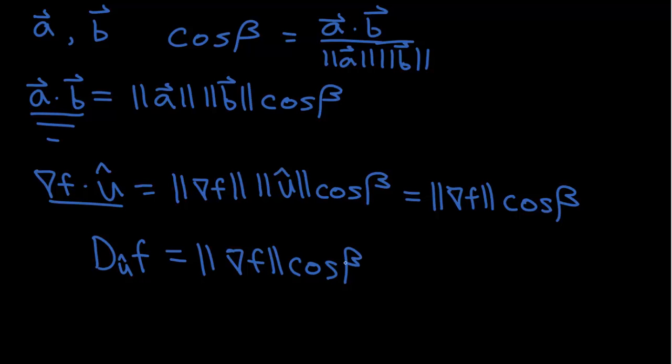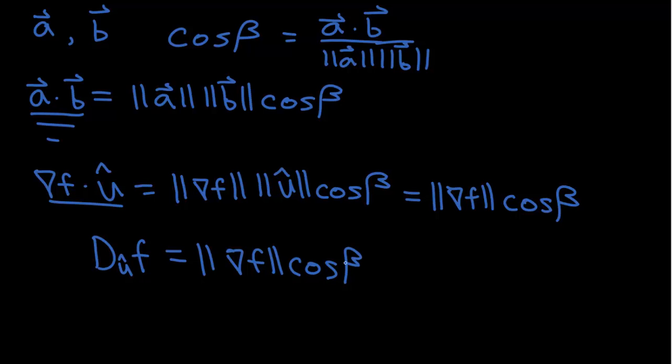Because we're saying that if you want to talk about the direction of the greatest change, or the greatest increase, the greatest change possible is going to be the magnitude of the gradient, right? Now, the direction then also would be that of the gradient of f, right?